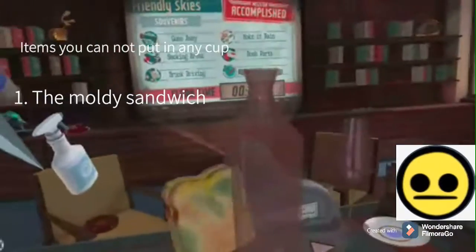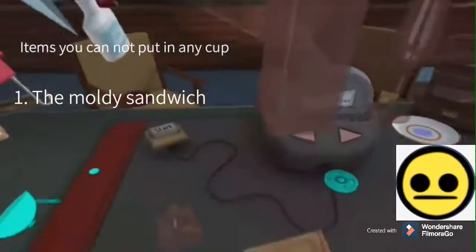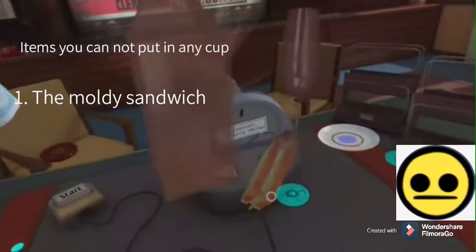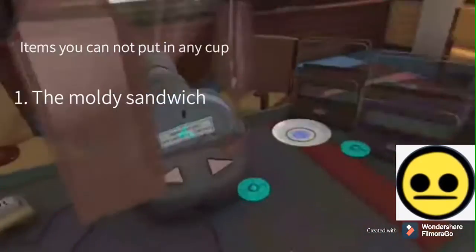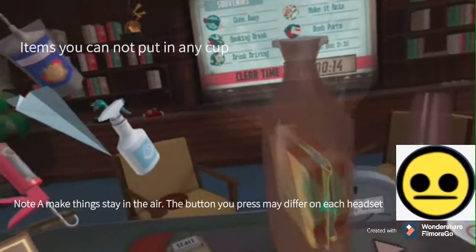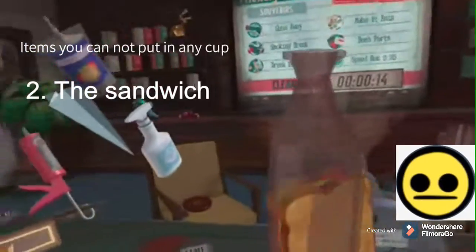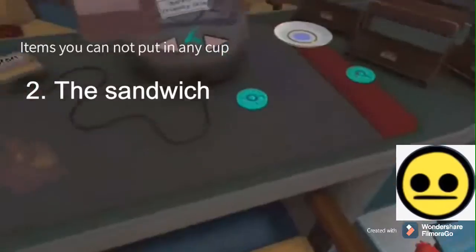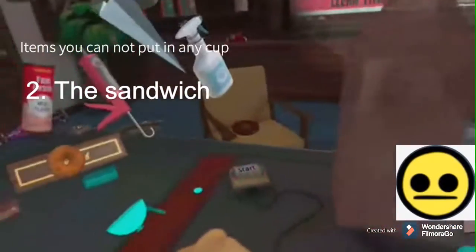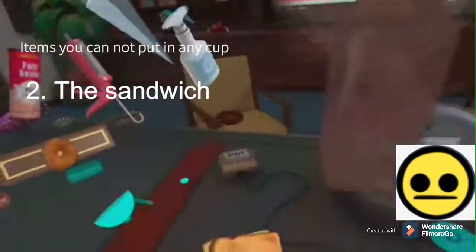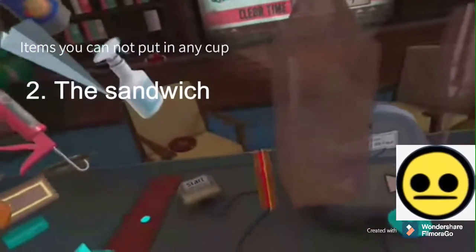Now the moldy sandwich you can't put in for obvious reasons. The physics will just flush it out. Same thing with the sandwich, except they're different for some reason. I don't know why, but this one has a lot more knockback and speed.